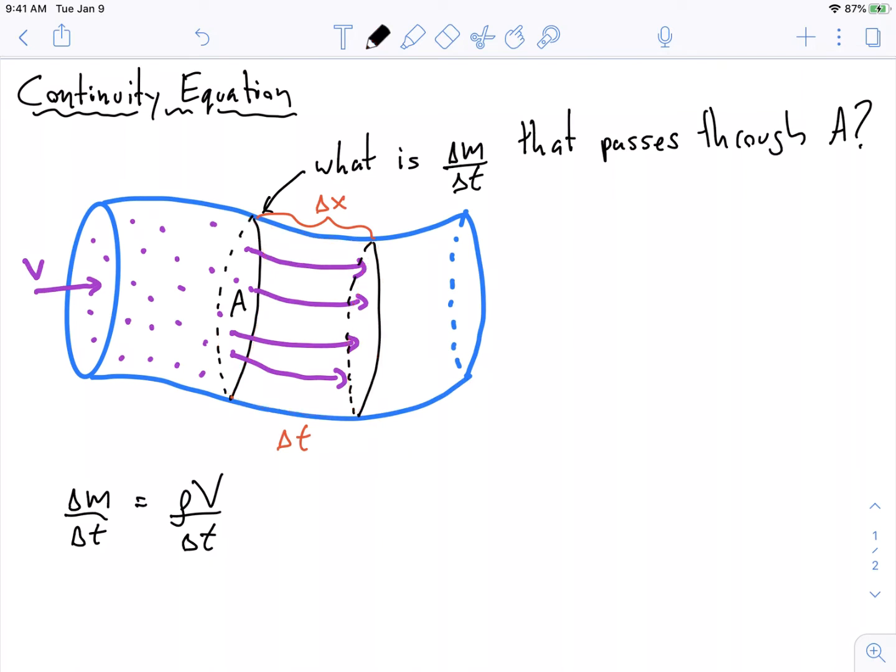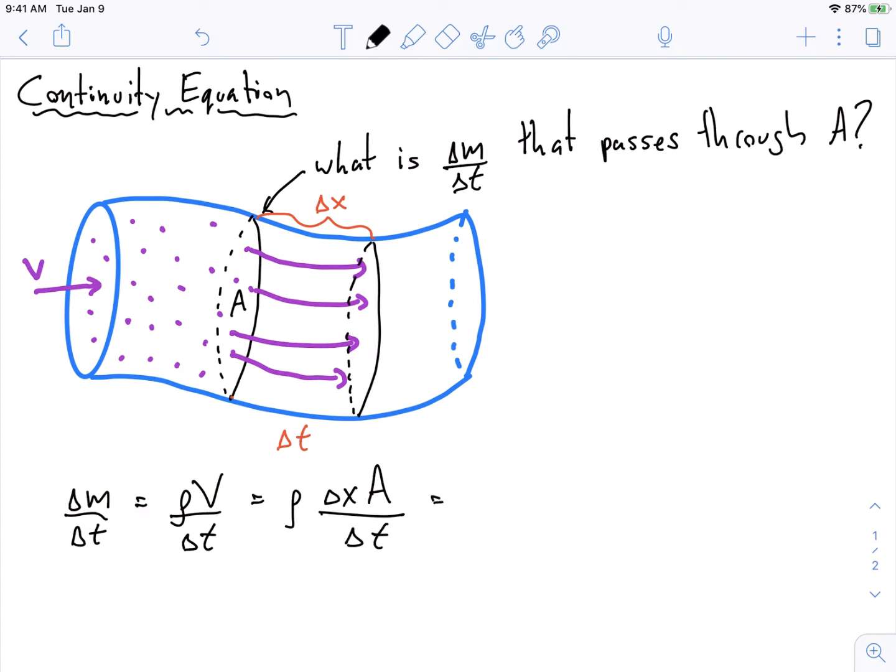Well, we can use the variables that we have to represent this volume in a different way. We have rho. Well, what's the volume? The volume is delta x times A. Right? That's the volume of that little cylinder of fluid divided by some time delta t.